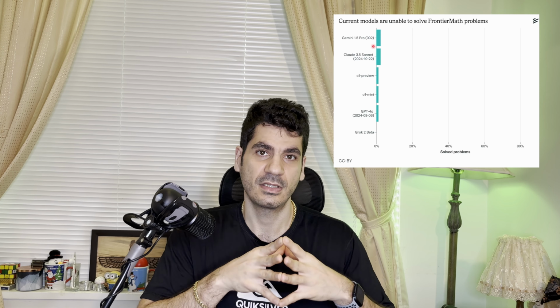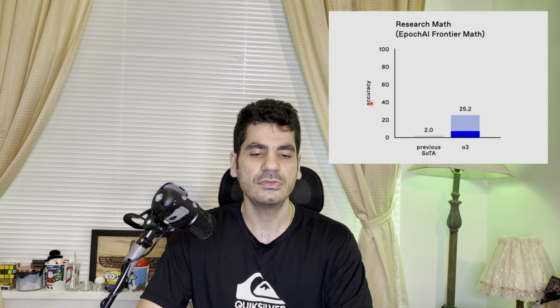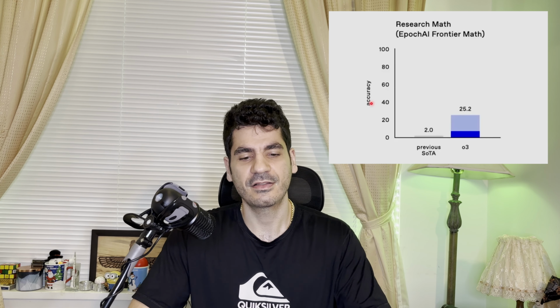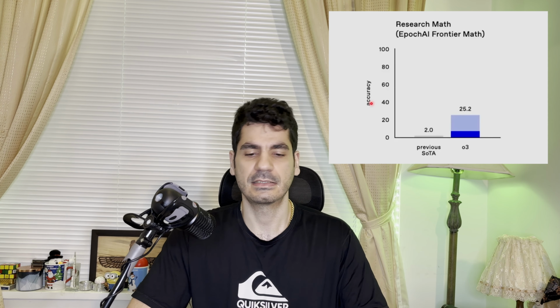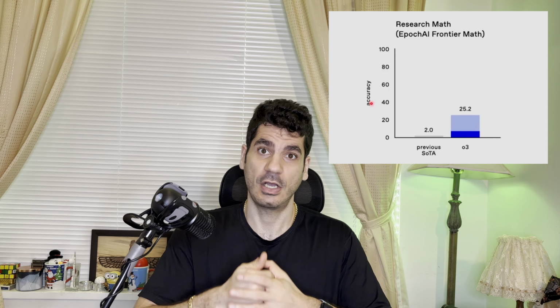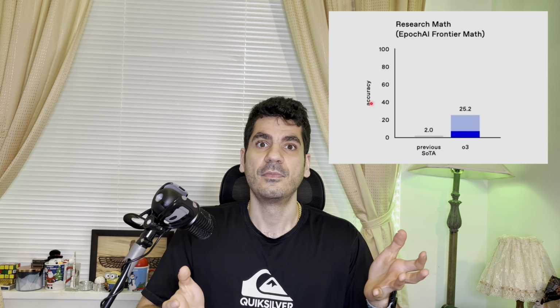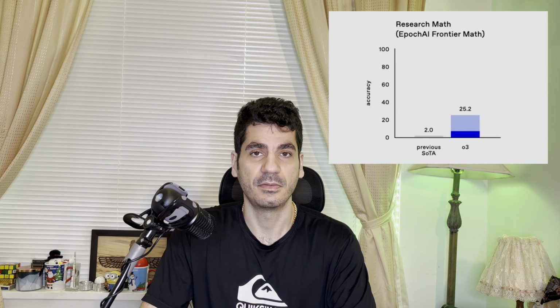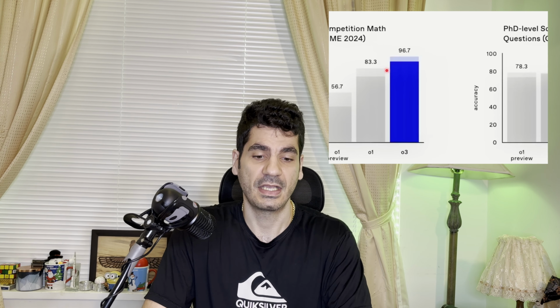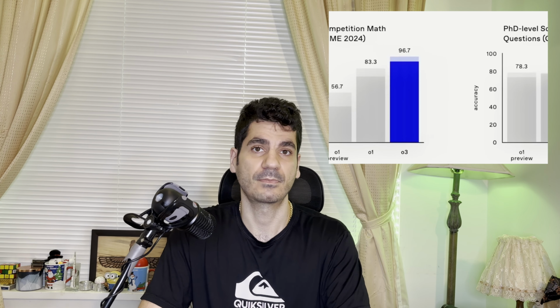Right now, the models are around 2%, and the best one is Gemini 1.5, reaching around 2% on the questions. But then you see that right now the O3 model can achieve 25.2 on the high end of computation. This is huge. We see more than 10 times improvement in the accuracy of the response on this very complex math benchmark.